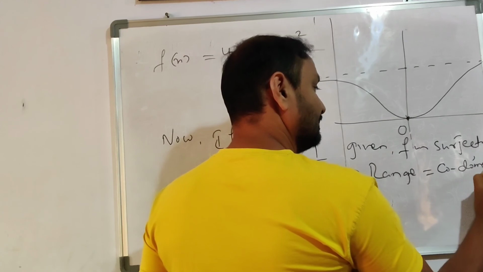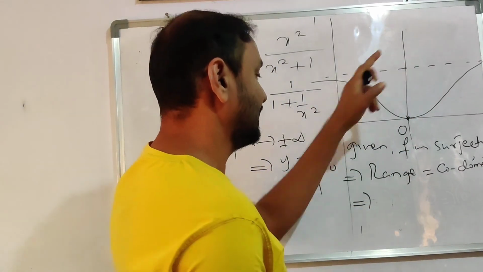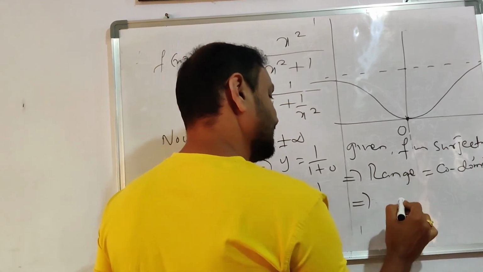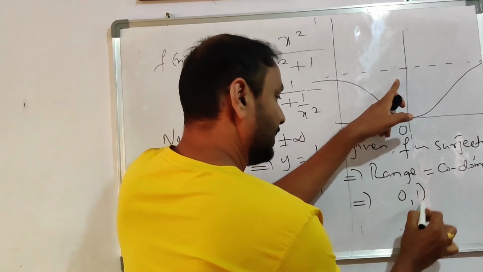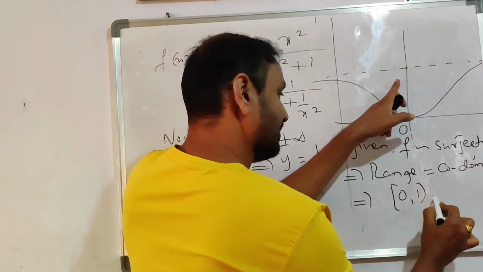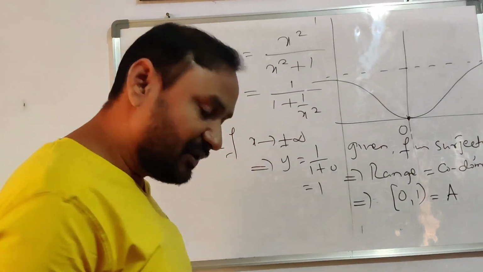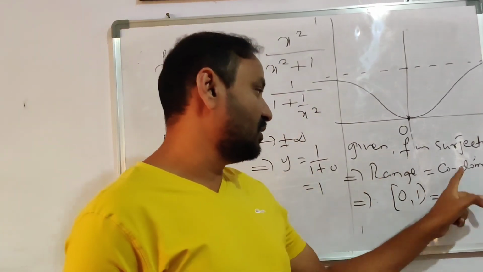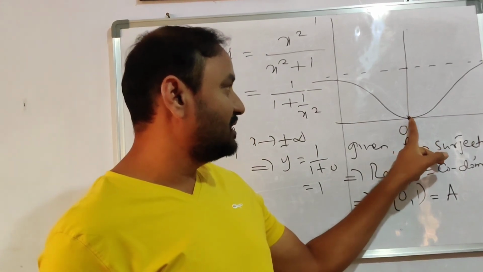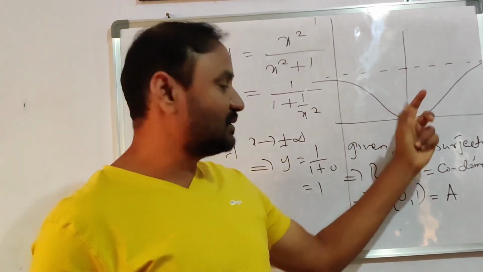What is the range? 0 to 1. So this is 0 to 1. Here 1 means open interval. This is closed interval. This is equal to the codomain. So if the function is surjective, that means onto, then range equals codomain. From the graph, the minimum value is 0. Maximum means it is reaching to 1, not equal to 1. So that's why take the open interval.